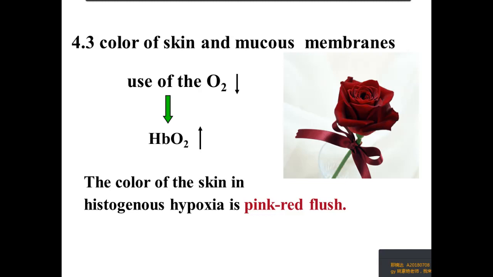The last, histotoxic hypoxia: oxygen supply is normal, but oxygen utilization decreases, so the arteriovenous difference decreases and oxygen content in venous blood increases. The color is pink-red, similar to a rose.